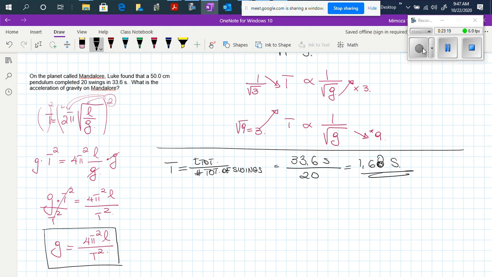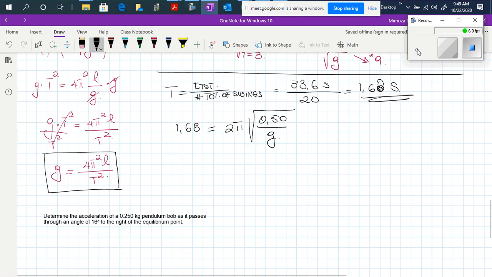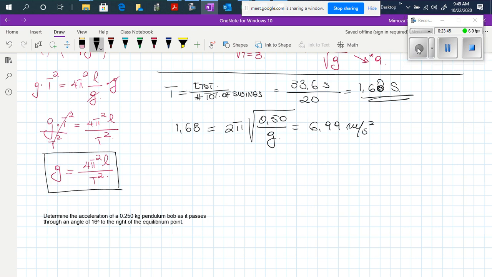Or you can say that 1.68 is equal to 2 pi the square root of 0.50 over g, where g is what you are looking for, and then do all the manipulations and figure out what g is. Now tell me, what is g? It will be 6.99 meters per second squared. You can say 7, it's fine, I don't mind it.